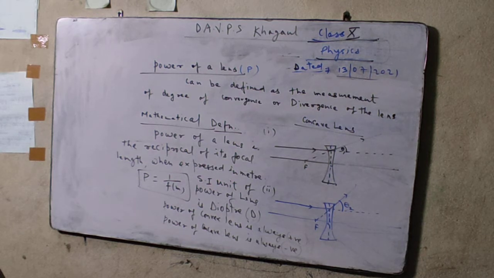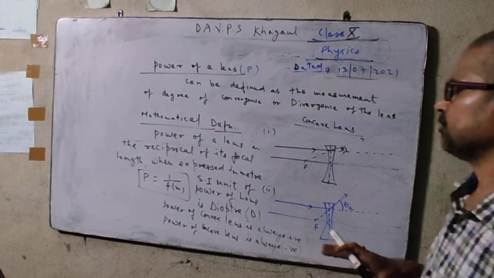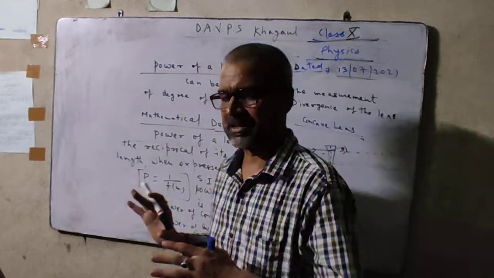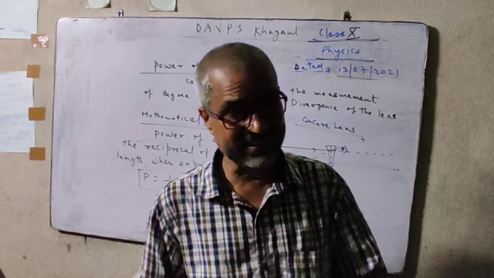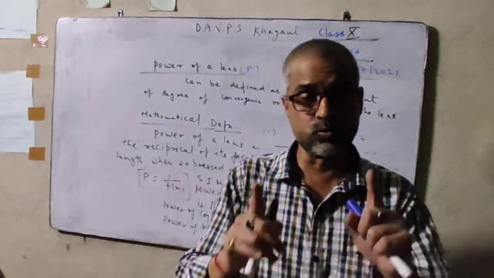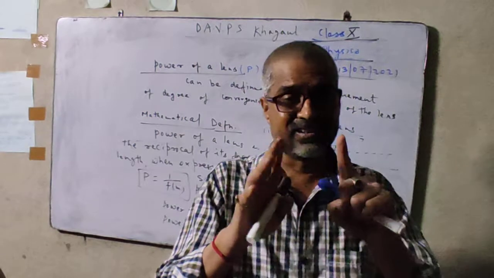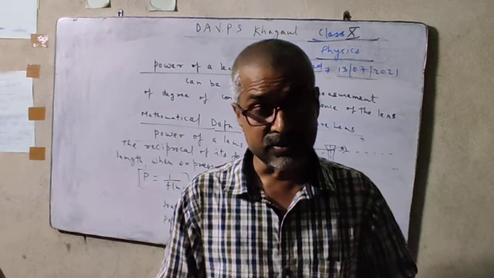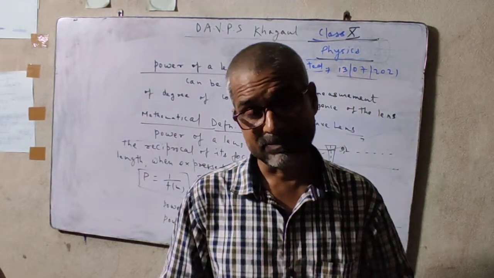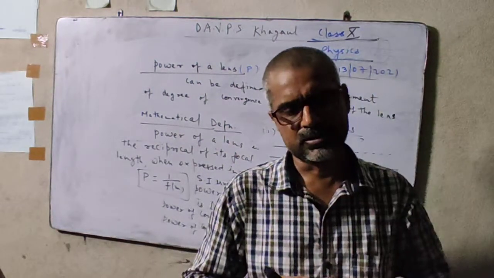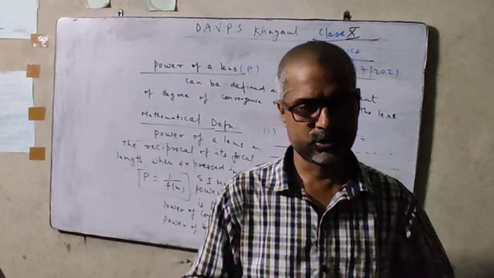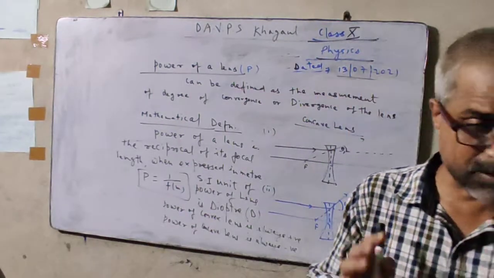Okay. We will continue our discussion to solve some numerical problems based on power of lens and power of combination of lenses also. When two lenses are kept in contact, what will happen? What will be their power? What will be their focal length? How will we solve numerical problems? All this we will do in case of power of lens.